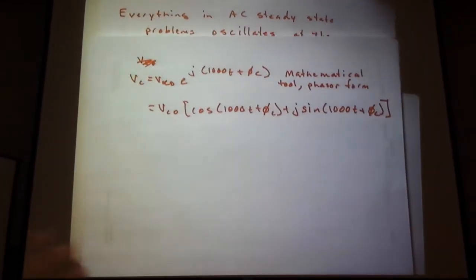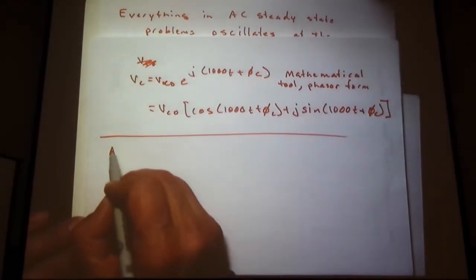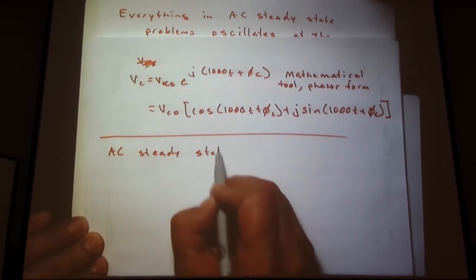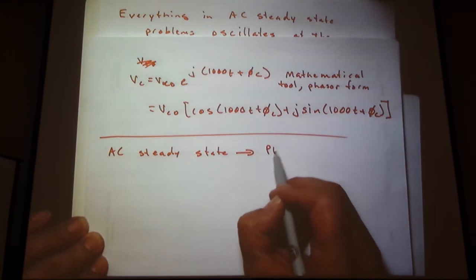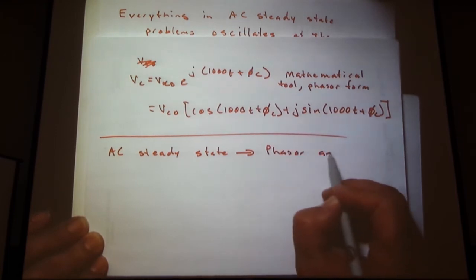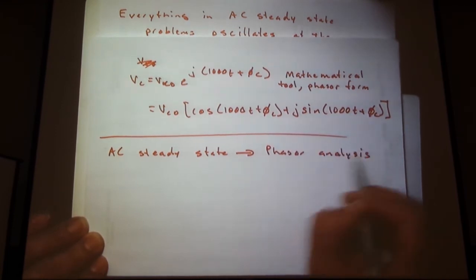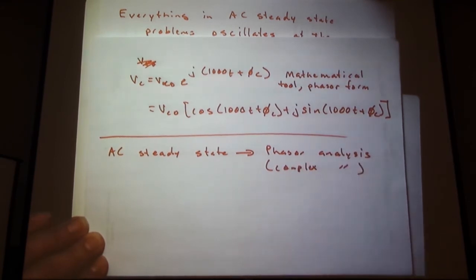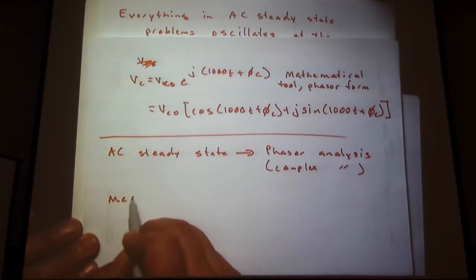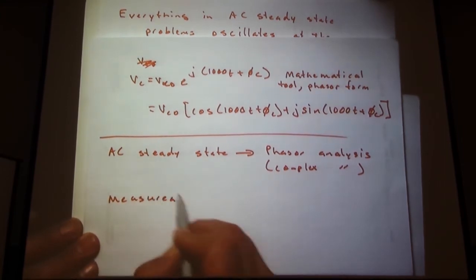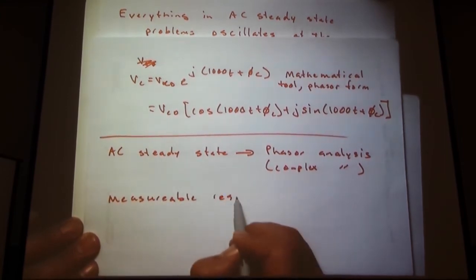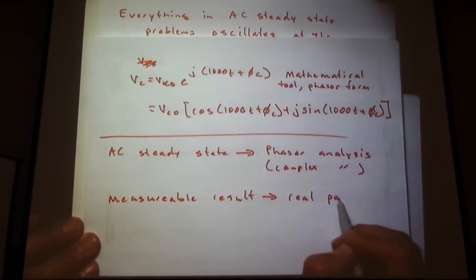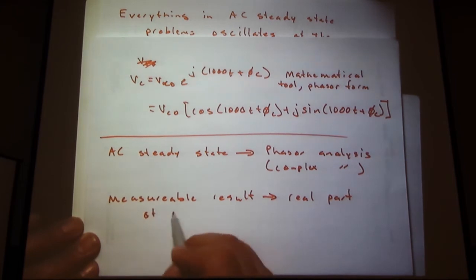we always get a real term. So our analysis, AC steady state, becomes what's called phasor analysis. And that's the complex analysis. But our measurable result is always the real part of our complex expression.